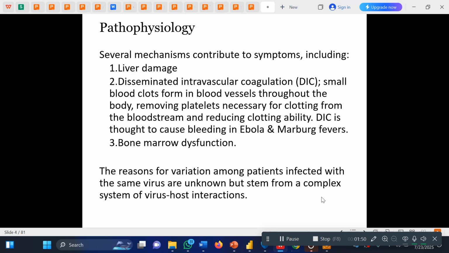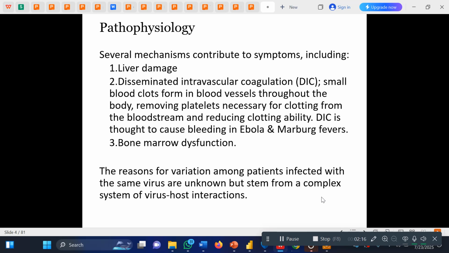Now, there are several mechanisms that contribute to symptoms, which include liver damage and disseminated intravascular coagulation, which leads to blood clots forming in the blood vessels throughout the body, removal of platelets necessary for clotting from the bloodstream, and reduced clotting ability.